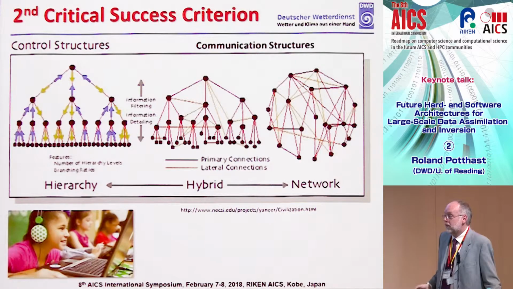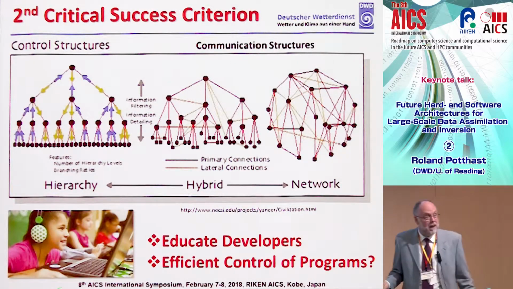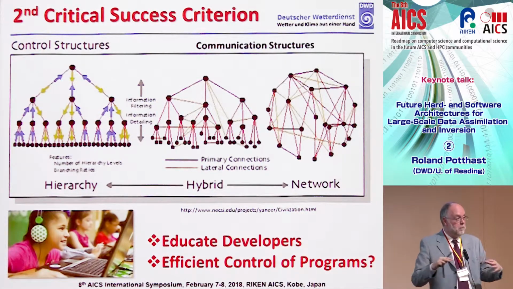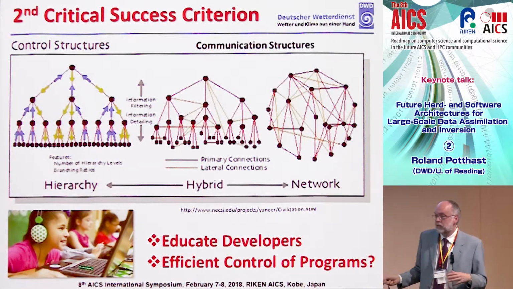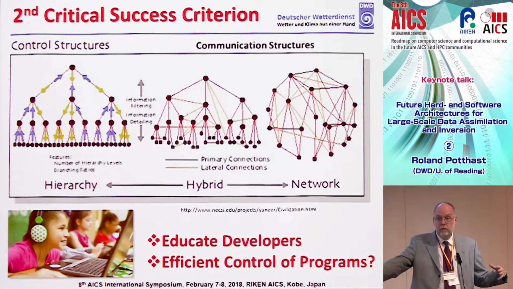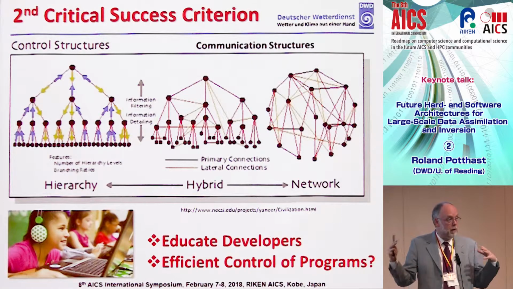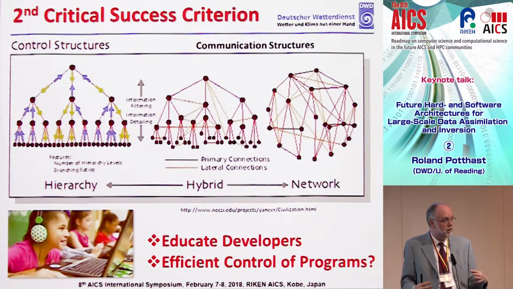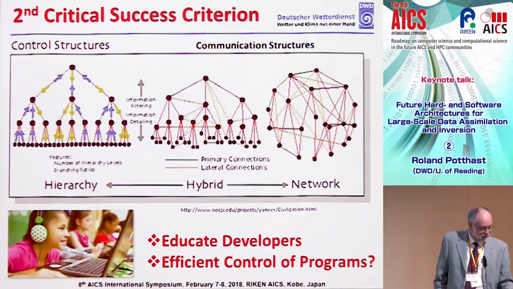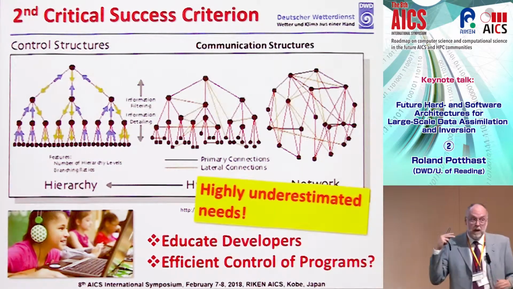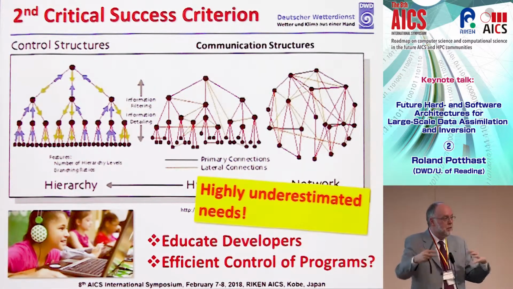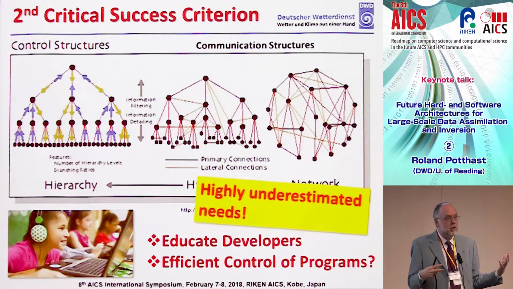And linked to it, education of your developers in whatever type of control language and mechanism you use. If you have your Fortran developers who are not used to it and you have a massive amount of them and your university training and they are not able to really use it and put it into operations, it's not going to work either. So this part is crucial as well. And we had the discussions between the Swiss people and the German people and all these different parts of the development community.